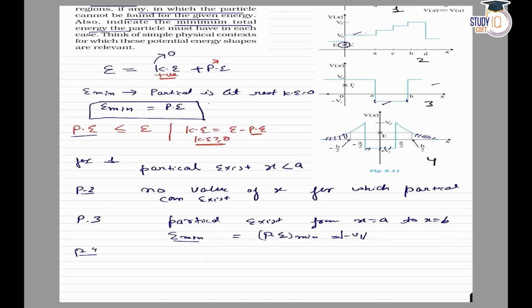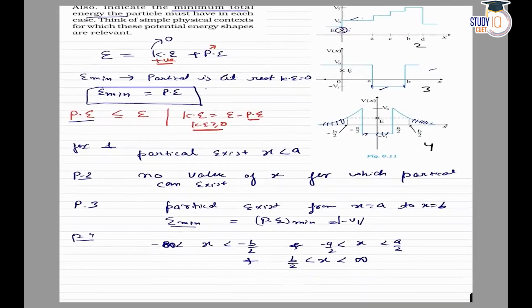So the condition is that x should be less than minus b by 2 and greater than minus infinity, and x less than a by 2 and greater than minus a by 2, and x less than infinity and greater than b by 2, where the particle exists.